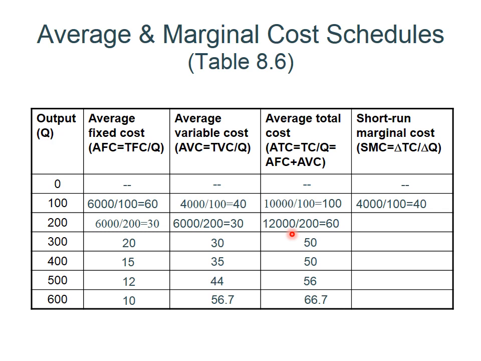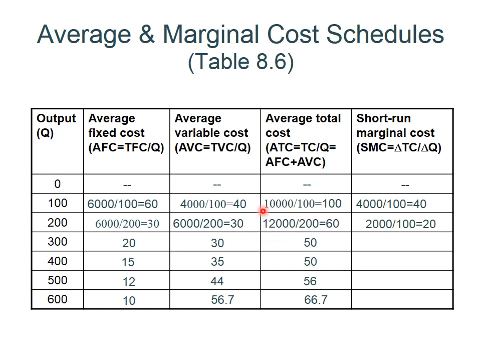Now coming to marginal cost, it is change in total cost upon change in quantity. So earlier the total cost was 6,000 when 0 units of output were produced. Now when 100 units are produced, it is 10,000. So how much is the change? 10,000 minus 6,000, so it is 4,000. 4,000 divided by 100 is 40.